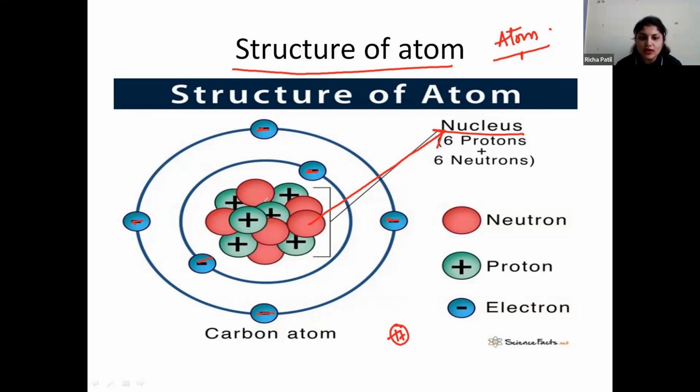Centrally the nucleus is present, and around the nucleus there are shells, which are also called orbits. This one is towards the nucleus.